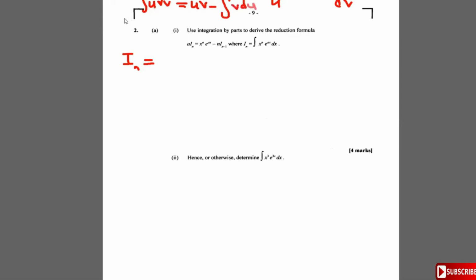And the rule just tells us that algebra comes before exponential. So that means we're going to use u as x to the n. U is x to the n. And so du is going to be the differential of x to the n, which is n times x to the n minus 1.